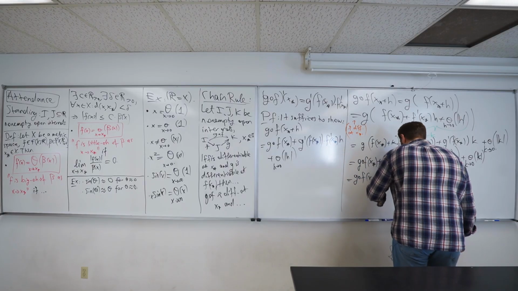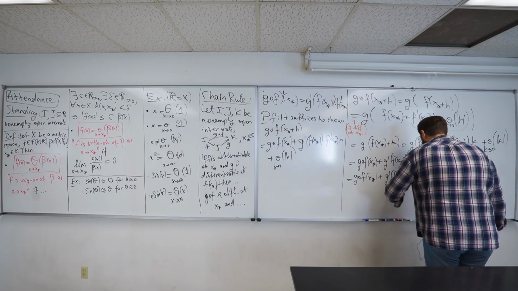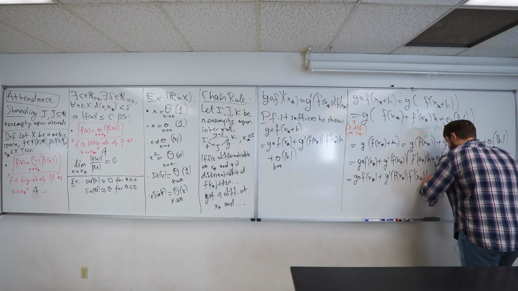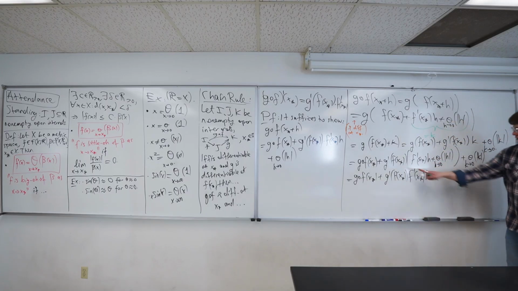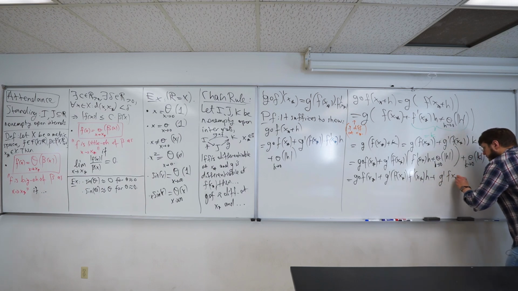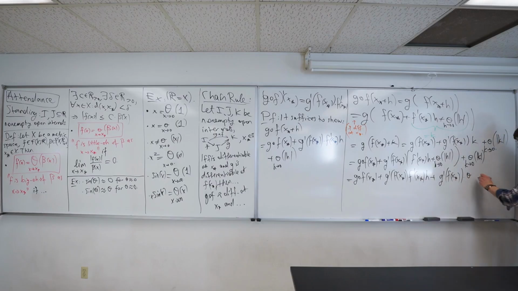Usually you don't write all of these steps. I'm just doing it for once so that we're displaying it. Okay, expand this by this, plus this times little o of h as h goes to 0, plus little o of k as k goes to 0.